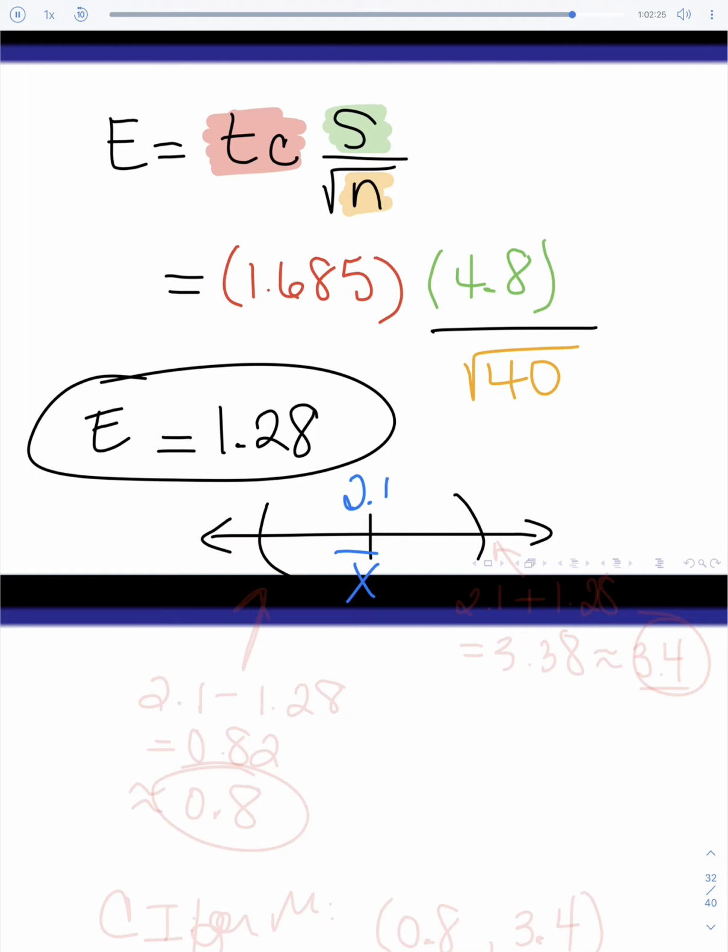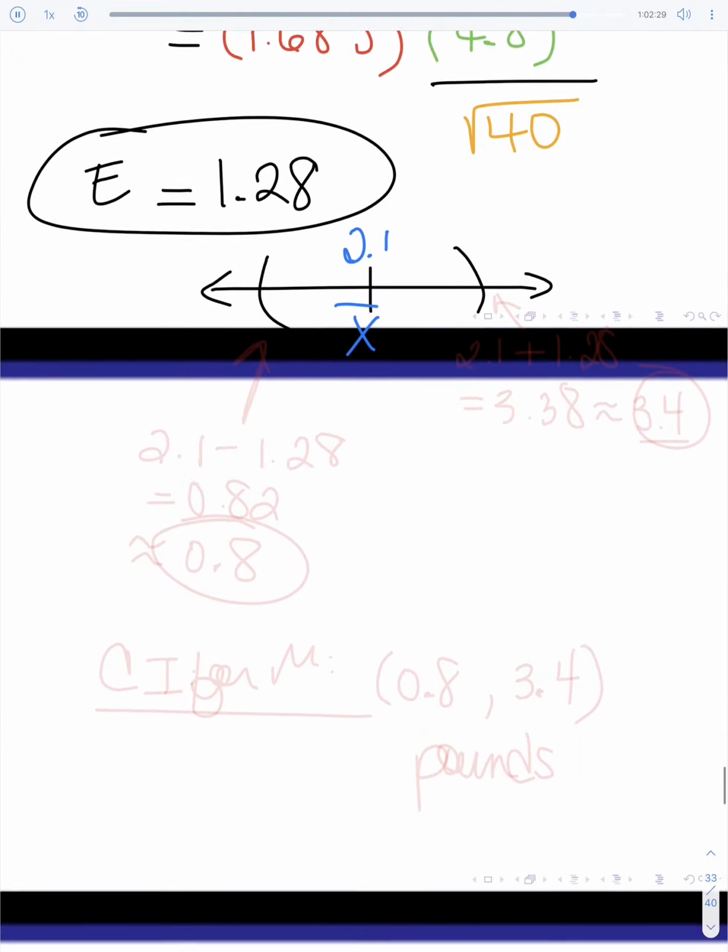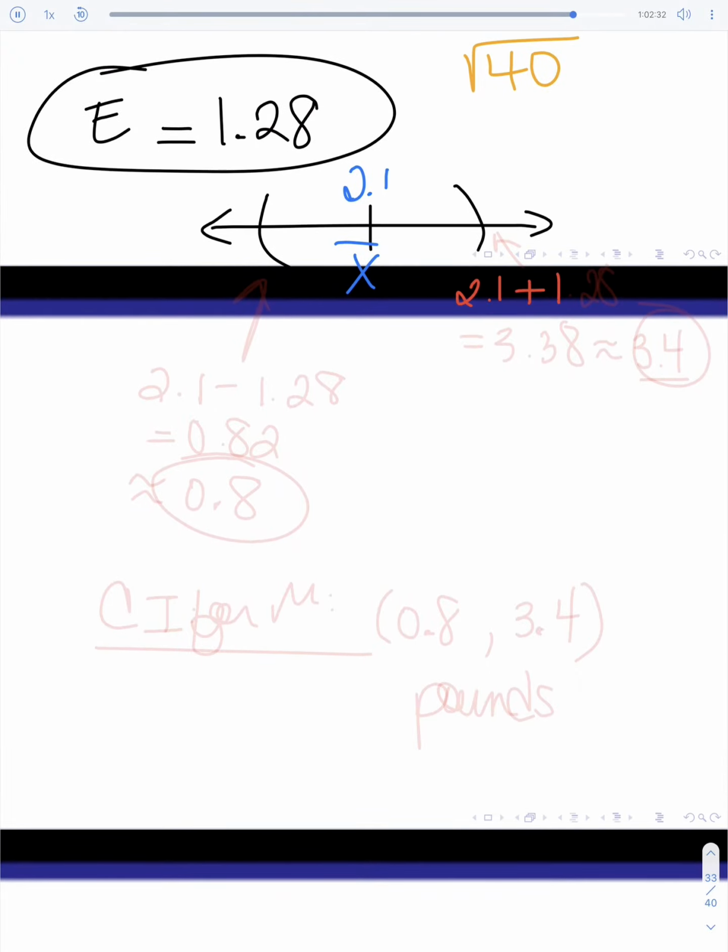We just found out that the error was 1.28, so we'd be taking the mean, the 2.1, and adding the error to get the top end, adding the 1.28, which would give us 3.38, which would round to our 3.4 if we round to the tenths place for that top number on our interval.